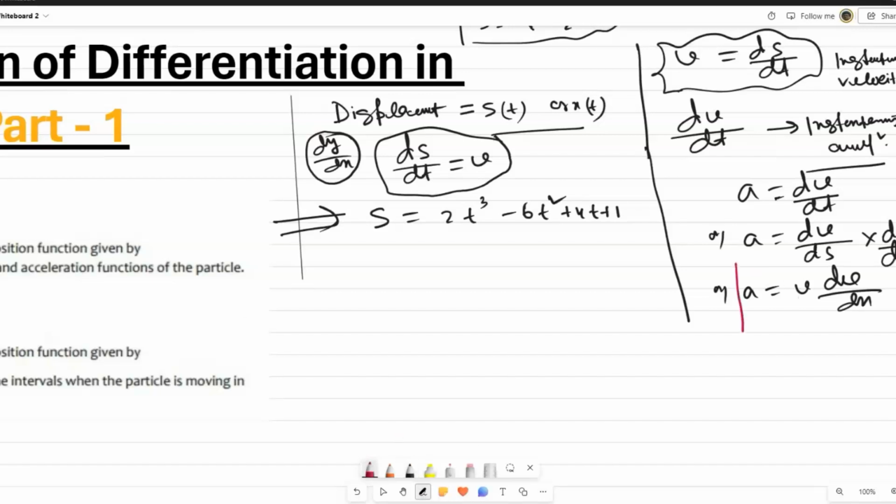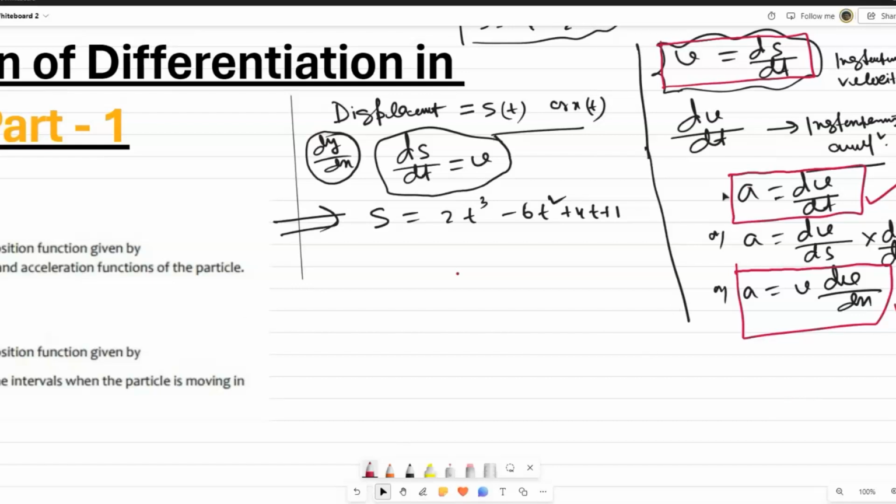So acceleration can be found by using this formula, that is instantaneous acceleration. Acceleration can also be found by this formula, that is also instantaneous acceleration. So which formula? It depends on the demand of the situation. Depending on the demand, we'll be going by this one or this one for acceleration.